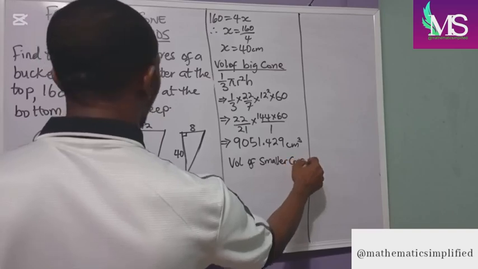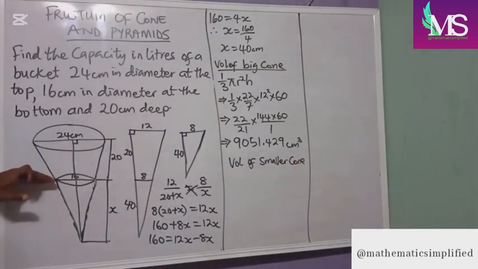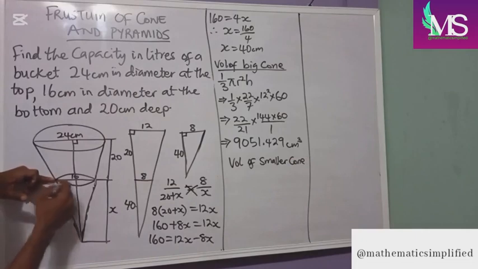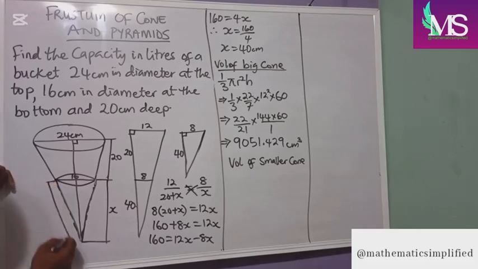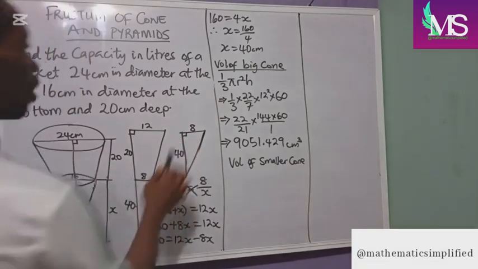Now let's calculate the volume of smaller cone. Now the volume of smaller cone will be from this point down, will give us the volume of smaller cone. From here down forms our smaller cone. Okay, now which is this triangle.